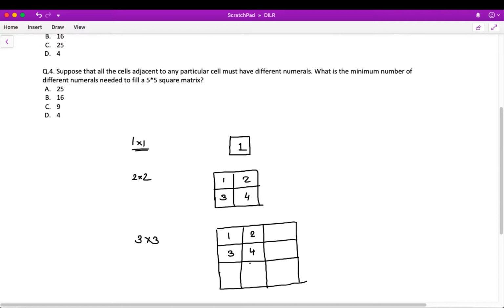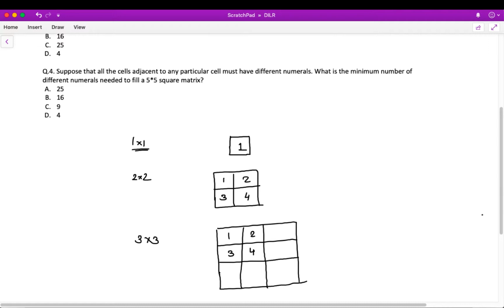Then we need to fill up the other ones. Because this is a 3 cross 3, the number of missing values is comparatively few, so we can easily plug in values and see which fits. For example, I can put a 3 here, a 1 here, and so on.